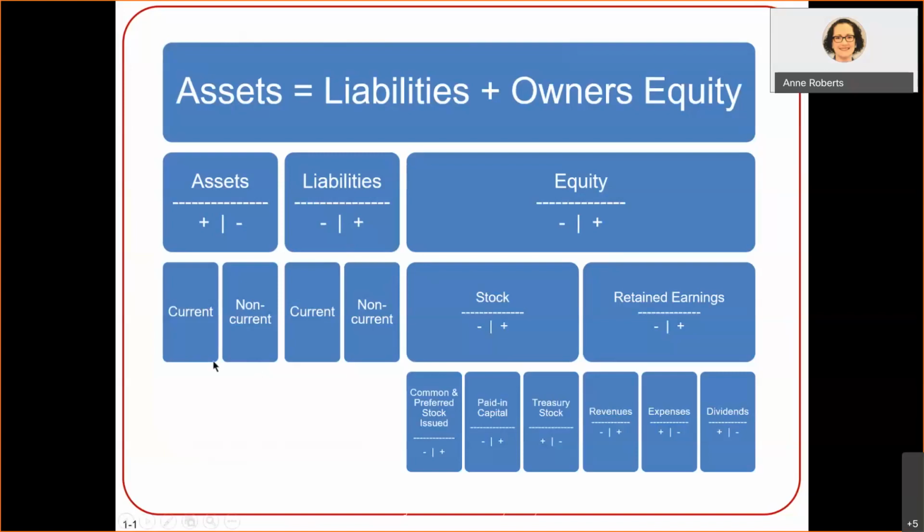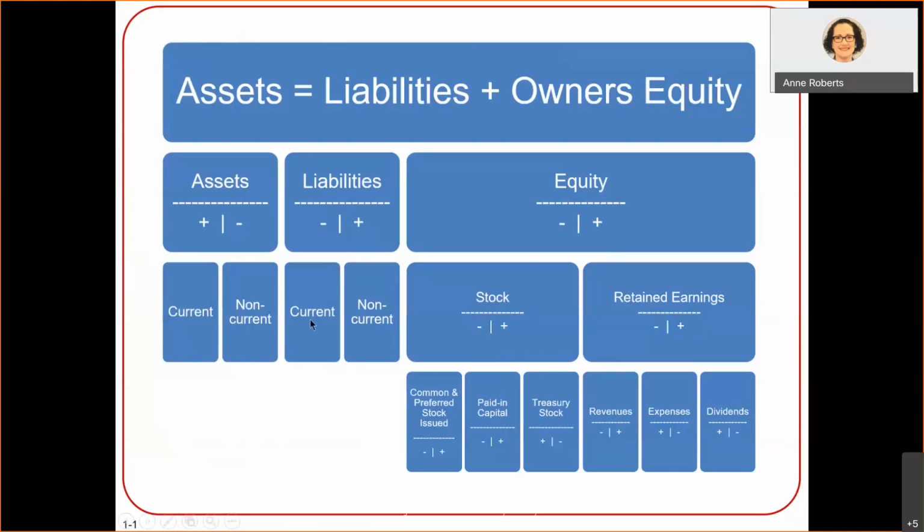So in chapter 2, we looked at transactions that affected assets, liabilities, and stock. That's it.